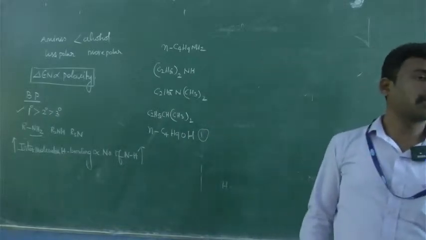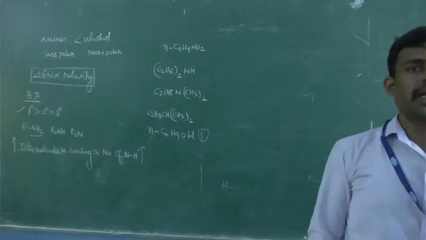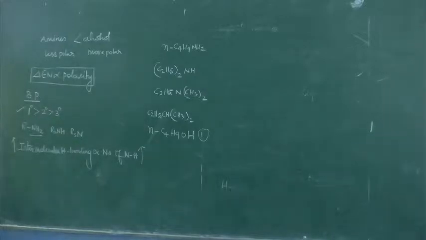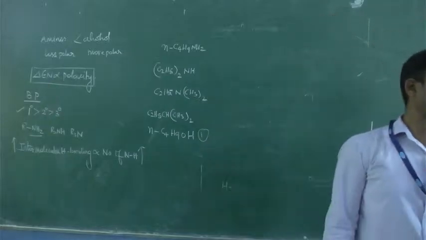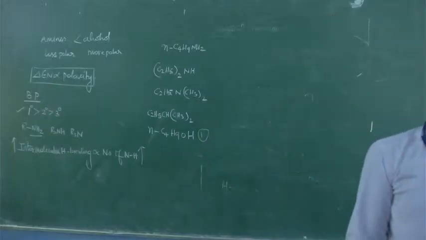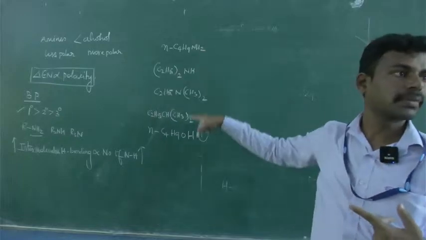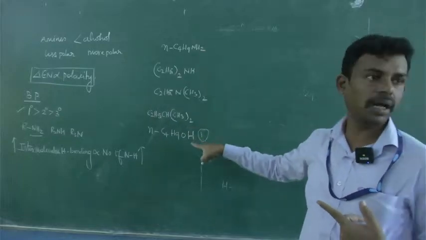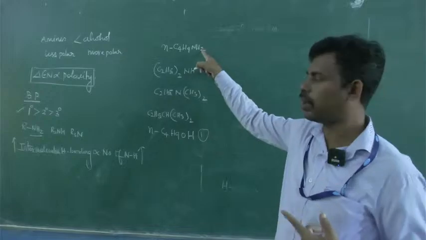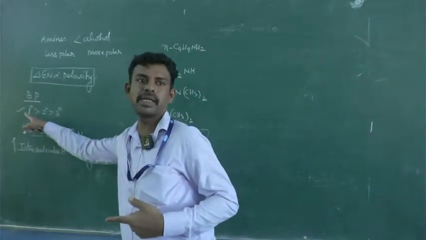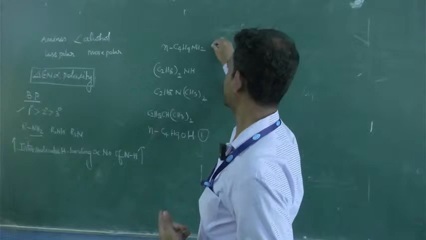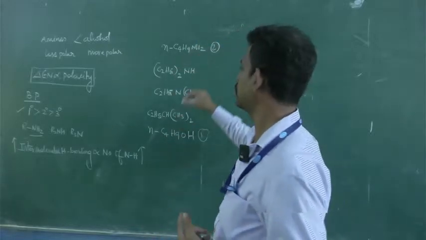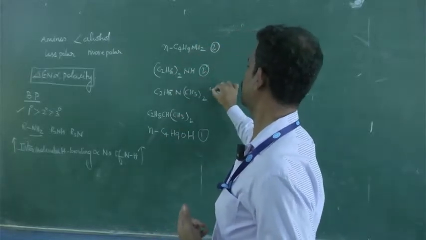If you compare alcohol and amines, the strength of hydrogen bond is higher in OH when compared to NH. So where the strength of hydrogen bond is higher, that is OH, and if the strength of hydrogen bond is higher, the boiling point is higher. Generally, for alcohol and amine, alcohol has a more boiling point when compared to amine. Is it clear? So first alcohol, then among amines, for more boiling point, primary, secondary, tertiary. So this is second because it's primary, this is secondary, this is tertiary.